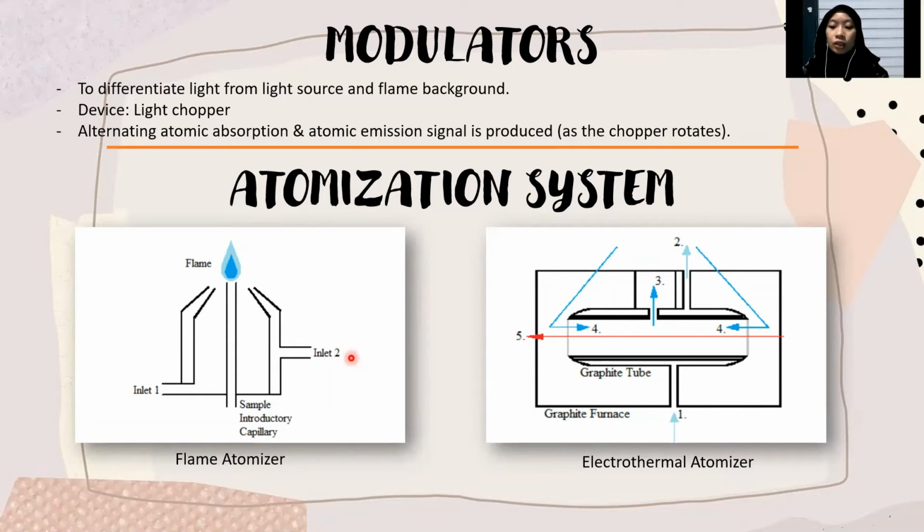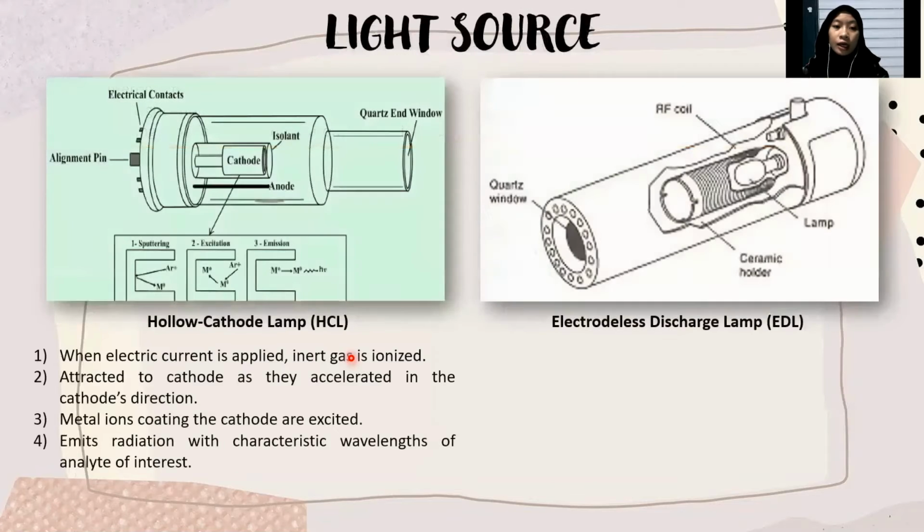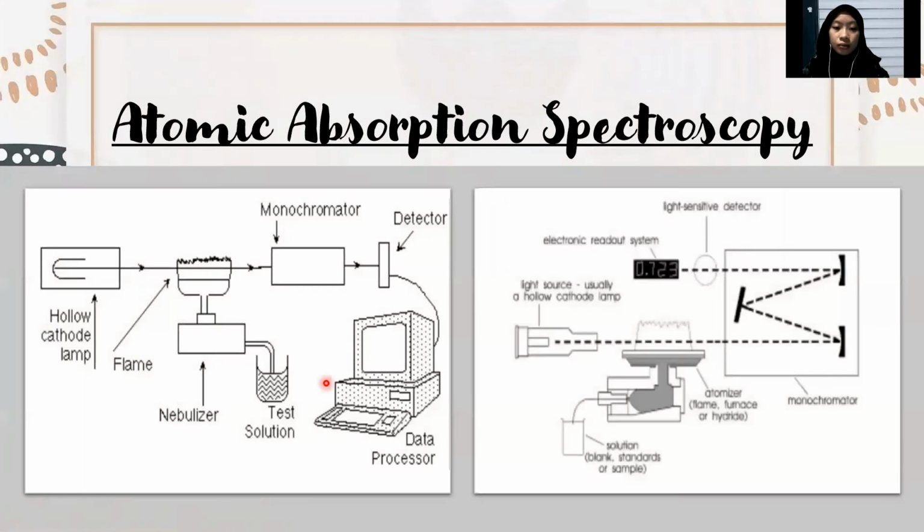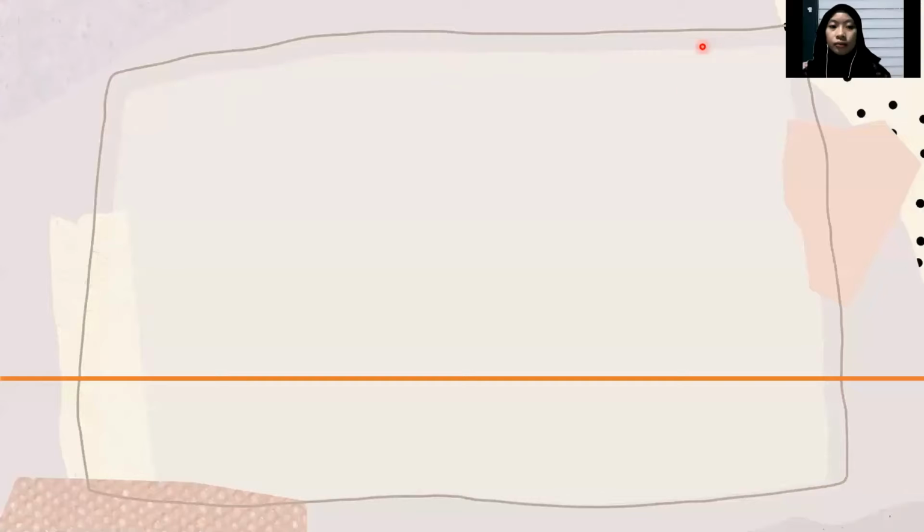So let's go back to the schematic diagram of AAS for this explanation. Once the solution is drawn in through this tube over here, it will be taken to the nebulizer, and the aerosol from the nebulizer will be carried to the atomizer, and as it reaches the flame, sufficient energy is gained to volatilize and atomize the sample.